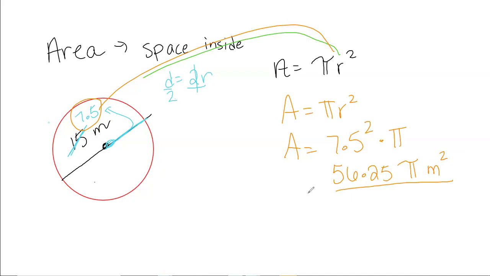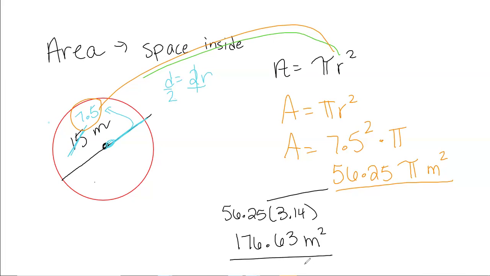Okay, or over here, let's do 56.25 times 3.14. And we're going to round to two places. That is 176.63 rounded, meters squared. So when you go on Amazon or whatever to order the pool cover, that's the area you need to make sure the cover fits. I'm sure they have different sizes, right?